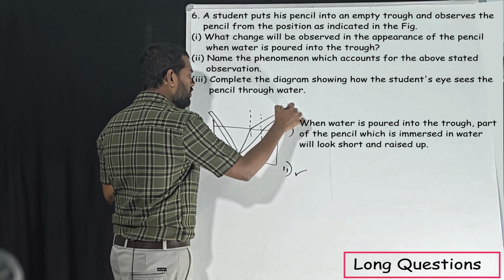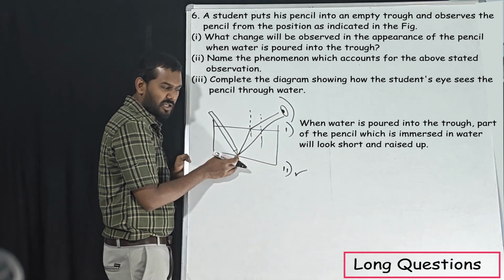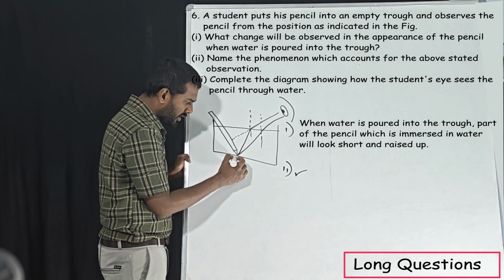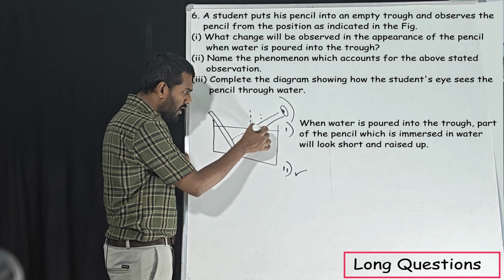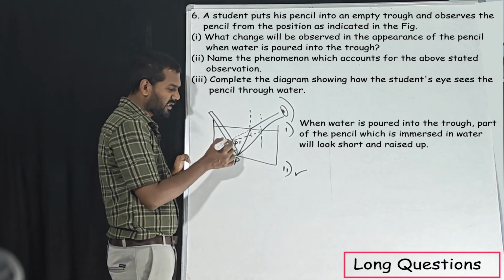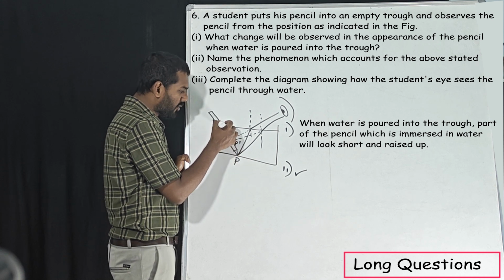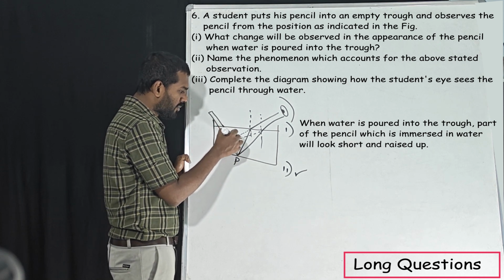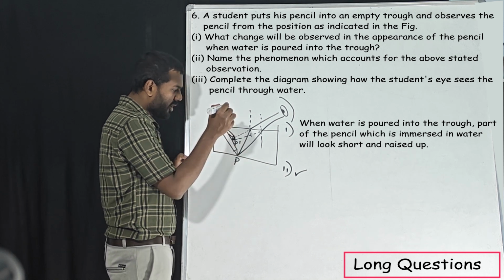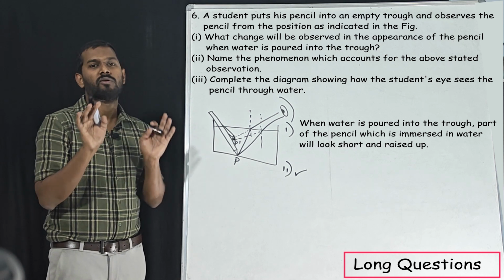Wherever this ray goes, that is what we are going to see, and we are not going to see the tip. If you extend these two lines and take this point as P, this will be P dash. At this point we are going to see the pencil. This is the ray diagram they are looking for.